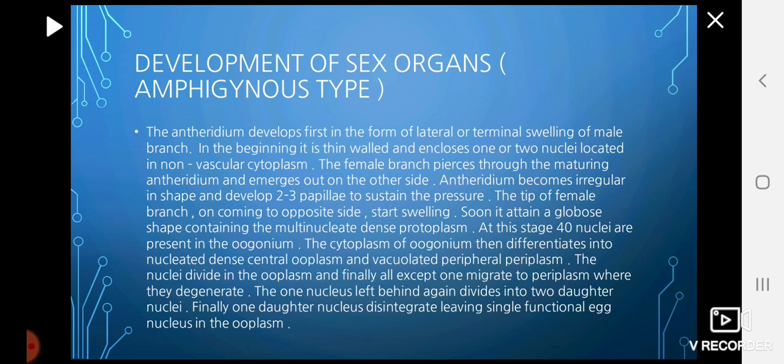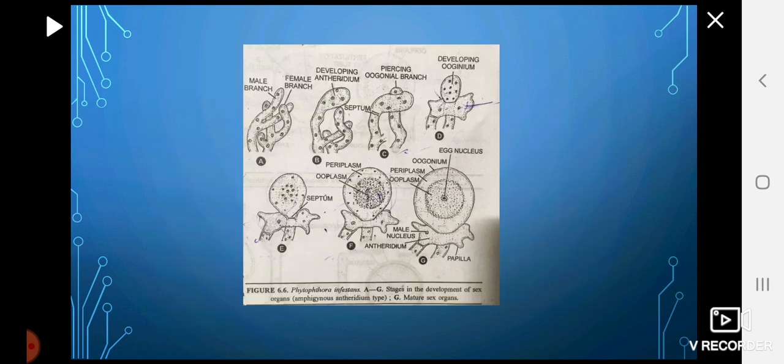Now we'll study the development of sex organs in the amphigynous type. So you see here in the diagram that the antheridium develops first in the form of a terminal swelling of the male branch. You can see here the male and the female branches are present, and the tip of the male branch becomes globular and forms the antheridium, whereas the female branch pierces through the maturing antheridium.